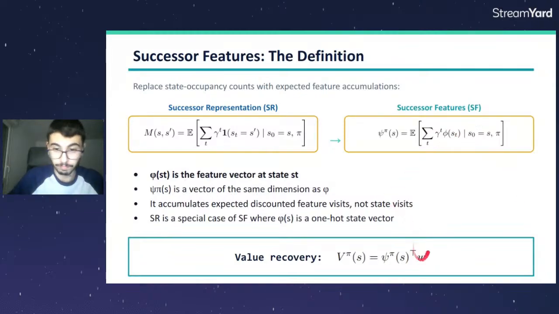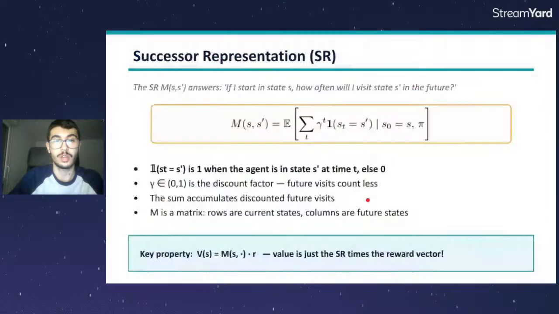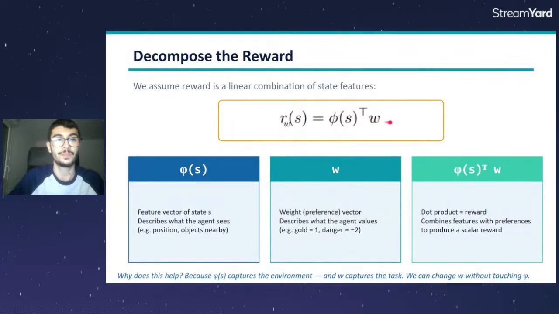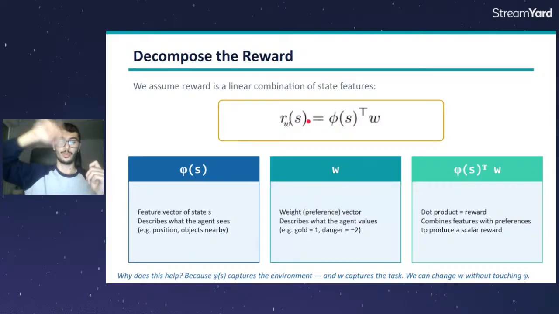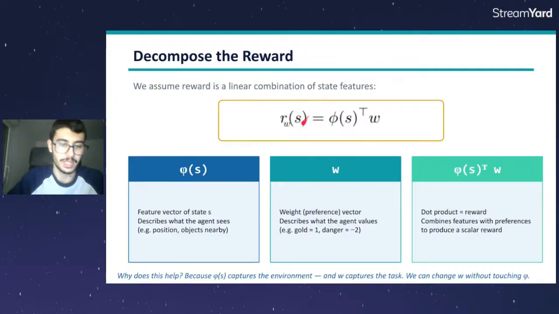And we do this because of the assumption that we made earlier that the reward can be decomposed, right? When we train the critic, generally what we do is try to predict the discounted sum of future rewards. So it's basically the discounted sum of this term in here. But with successor features, we are going to try to predict the discounted sum of state features.